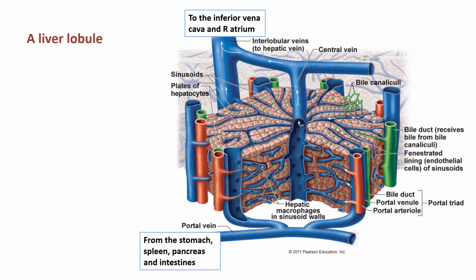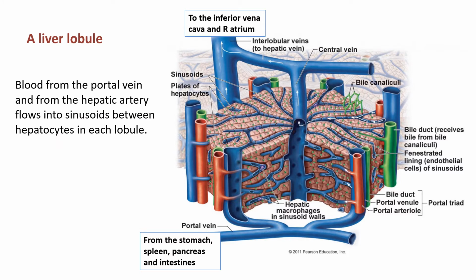So a liver lobule, remember we've got lots of these forming the liver, has this structure with these vessels running through it. These vessels are called sinusoids. They're still normal blood vessels, they're just running between hepatocytes in this lobule shape.